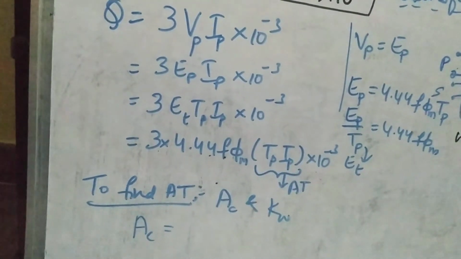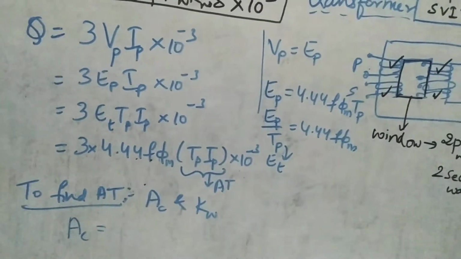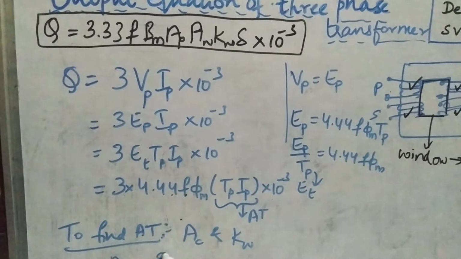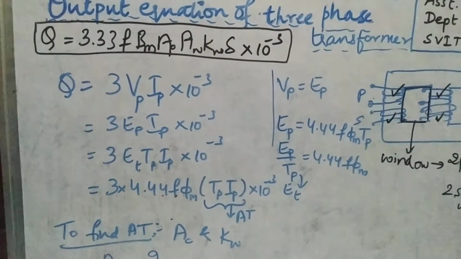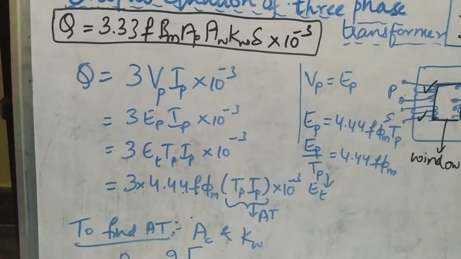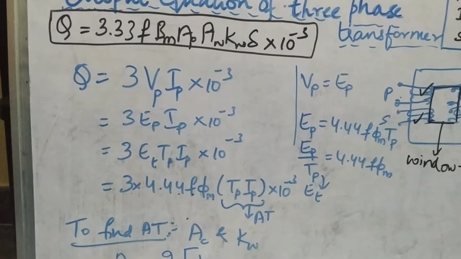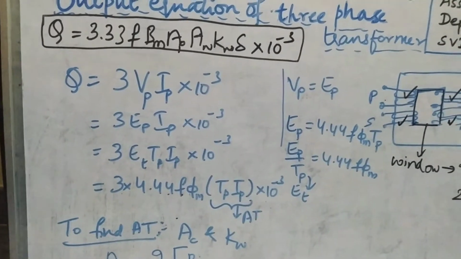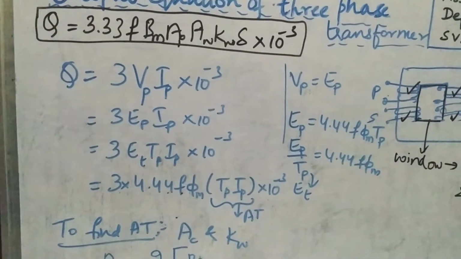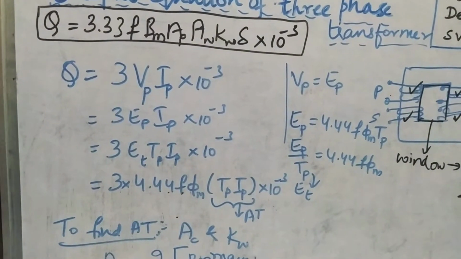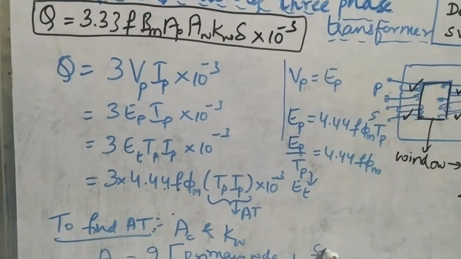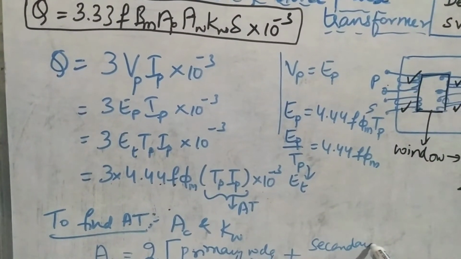Each window will consist of 2 primary and 2 secondary windings. So let me write down 2 times the primary winding area plus the secondary winding area.